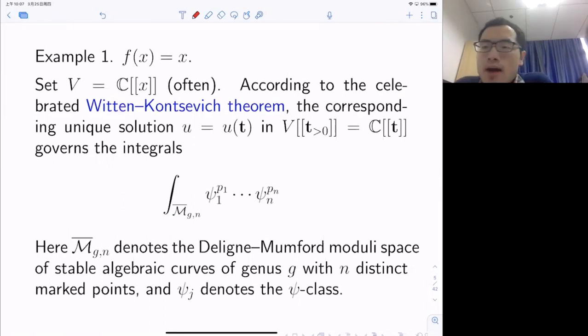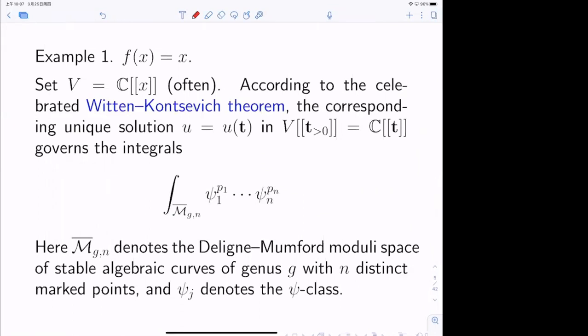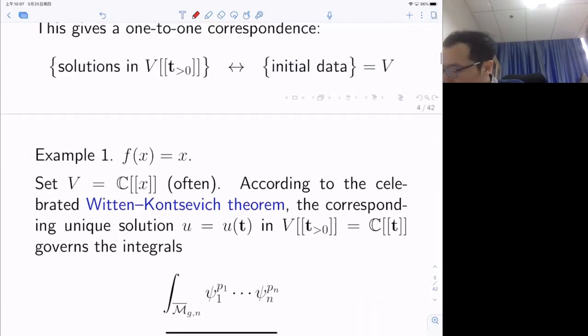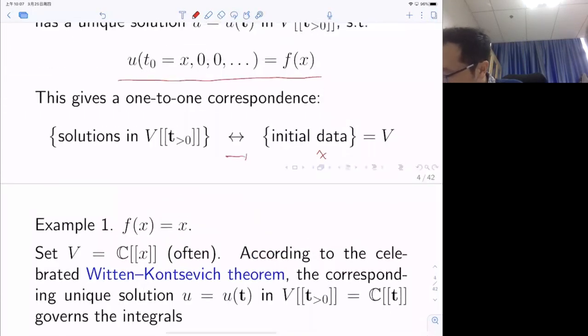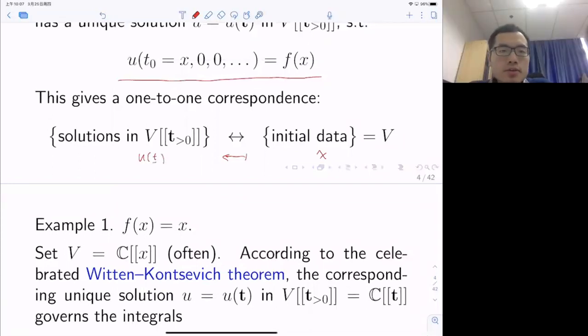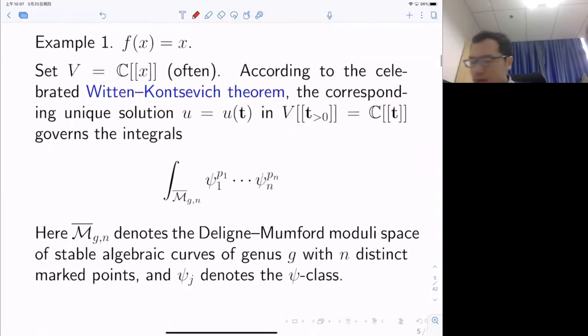So in this case, let's take our ring to be the formal power series in X. This is what we often do. According to the Witten-Kontsevich theorem, we have a unique solution U(t), and in this case the unique solution governs the integrals of psi classes of the moduli space of curves.